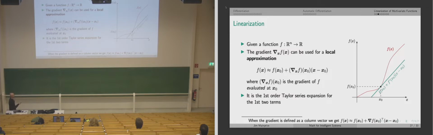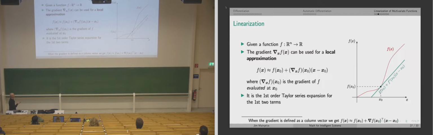The intuition is very simple. We take a point, and at that point we have a function, and we are looking for what expresses best the function around that point in terms of a line. And that's why it's called linearization.